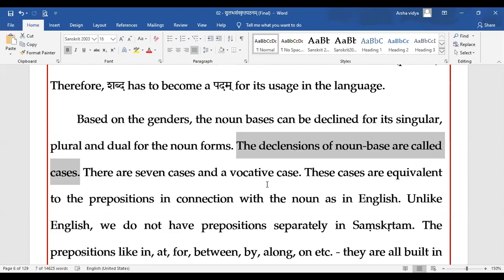Okay, so now you understand what a case means. A case is nothing but a namapadam having prepositional meaning. We don't have prepositions separately in Saṃskṛtam. These prepositions are built into the namapadam itself. Okay. More about this you will understand slowly. Now you have got some idea about the padam and the shabda.